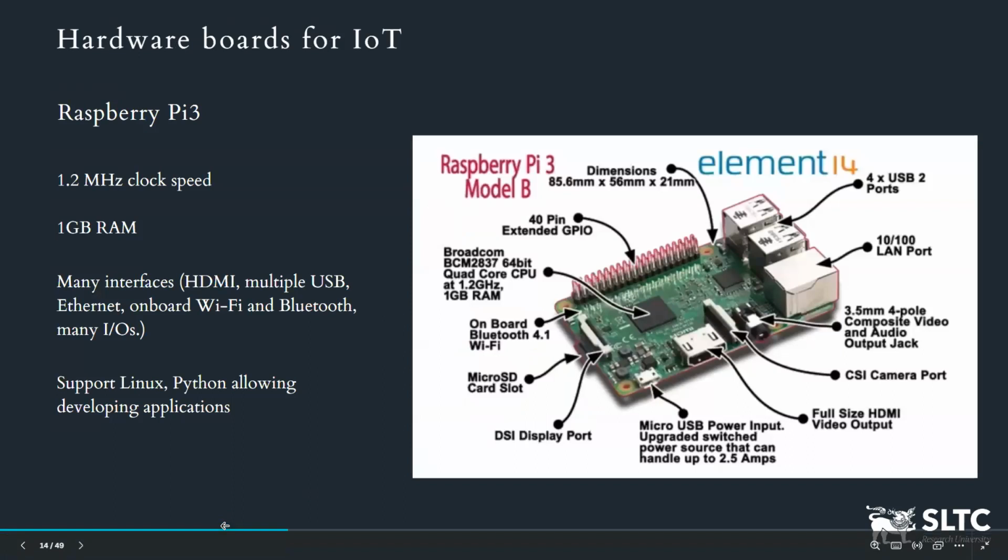When you talk about the Raspberry Pi, it has more functions than ESP32. Higher clock speed, 1.2 megahertz clock speed, more data space, 1 GB RAM, and many interfaces such as HDMI, USB, Ethernet, onboard Wi-Fi, and Bluetooth connections are available.